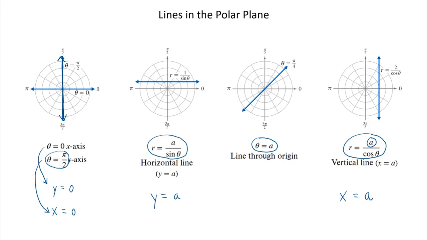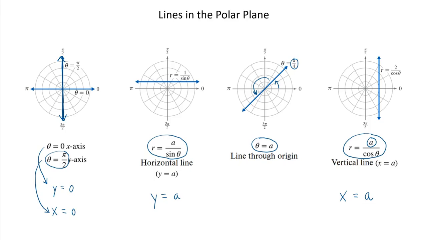And every point on that line will lie on a ray that is coterminal with the theta that we're given, or 90 degrees away from the ray that we're given.